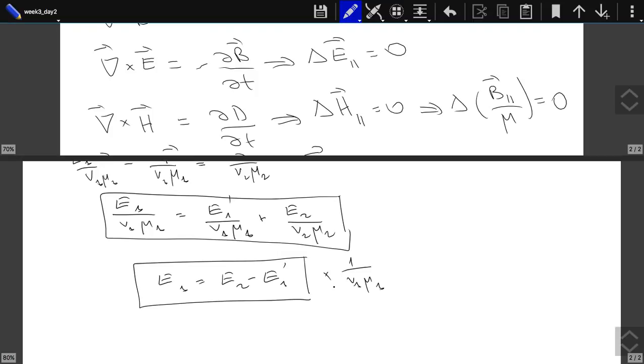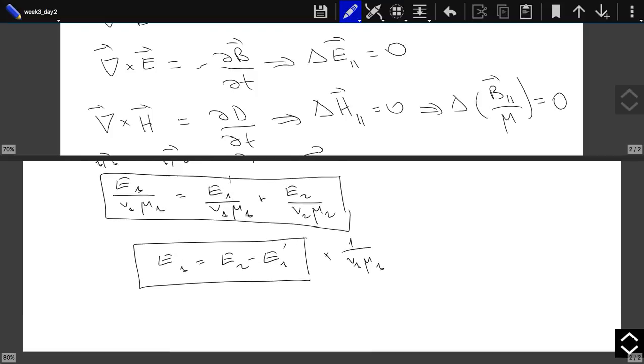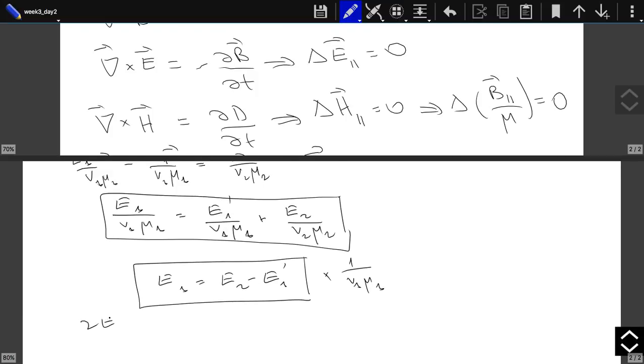If I do that, these E1 prime terms will just cancel. So what I will end up having is twice E1 over V1 mu1, and this should be equal to E2 times 1 over V2 mu2 plus 1 over V1 mu1.